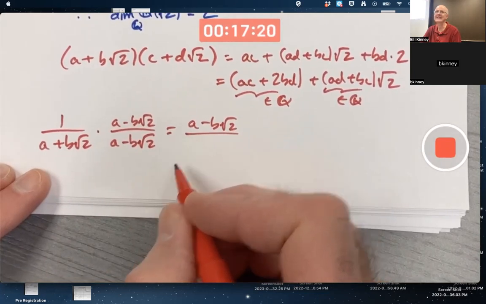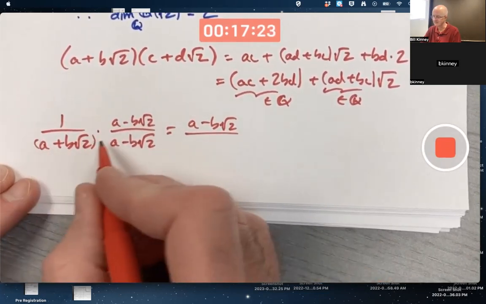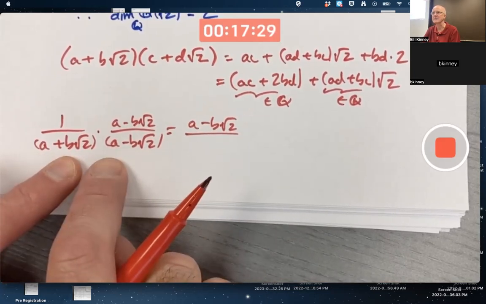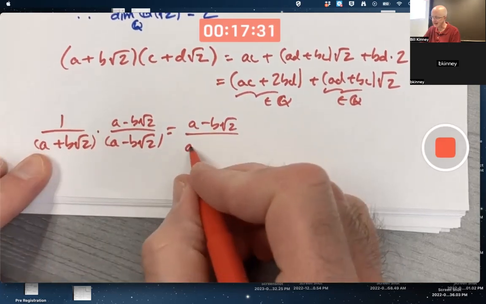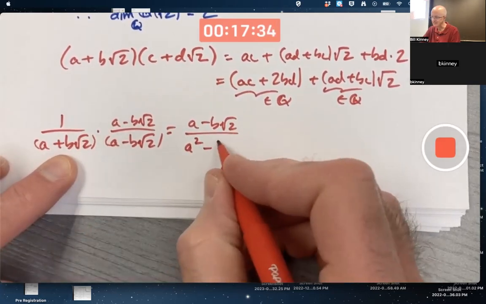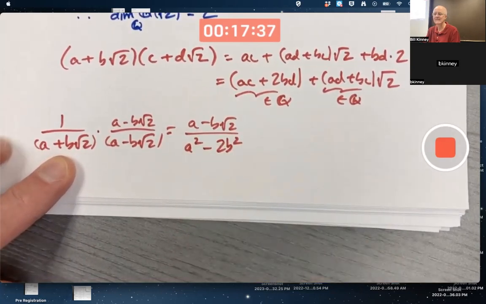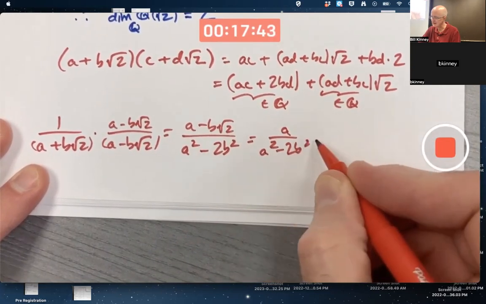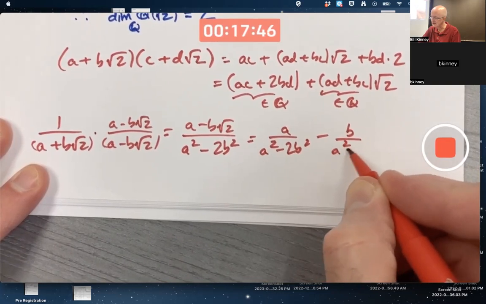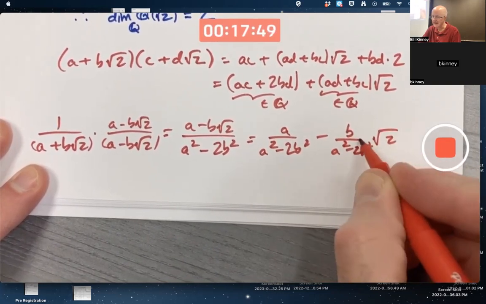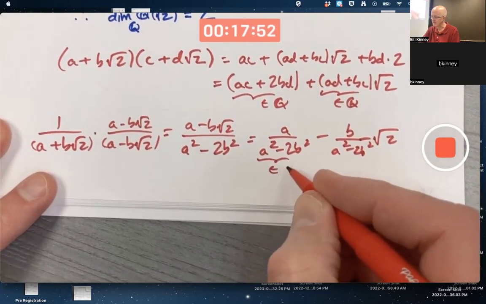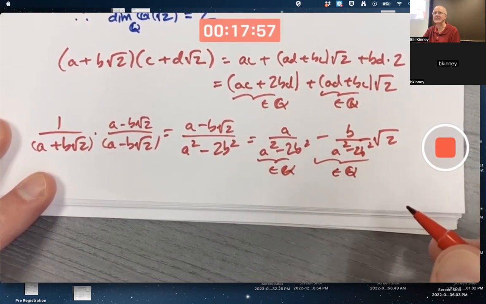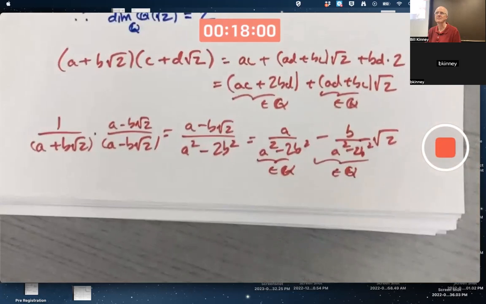Multiplying this out, the outside and inside terms cancel when you FOIL, because they'd be negative AB square root of 2 and positive AB square root of 2. So you just get the first times first and last times last. And this can be rewritten as this. And it's in the right form. A rational number plus a rational number, subtracting is the same as adding the inverse, times square root of 2.